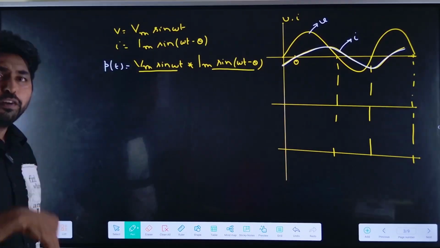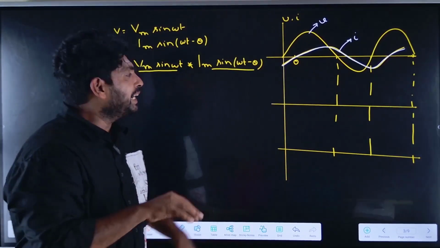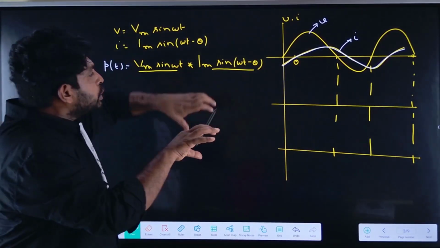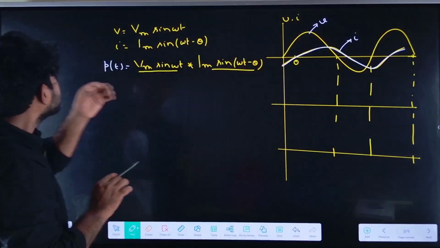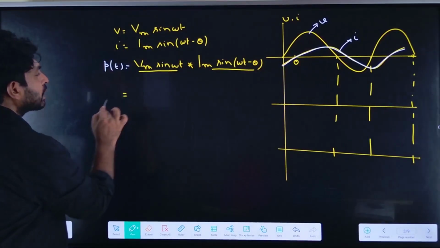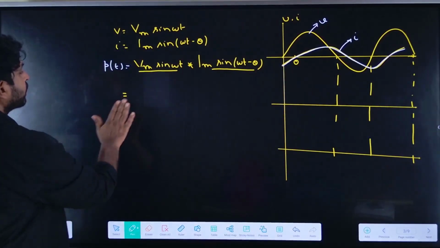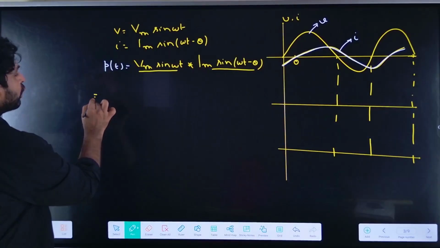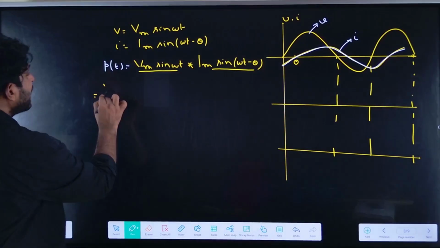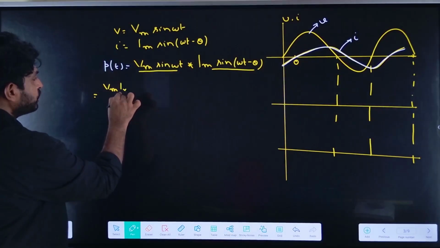If I simplify and decompose into active power and reactive power, the equation would be p(t) = (Vm Im / 2) cos φ (1 − cos 2ωt) − (Vm Im / 2) sin φ sin 2ωt.